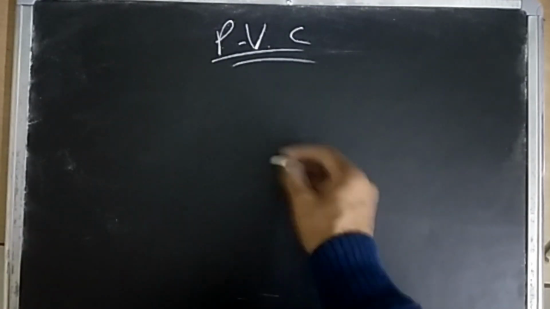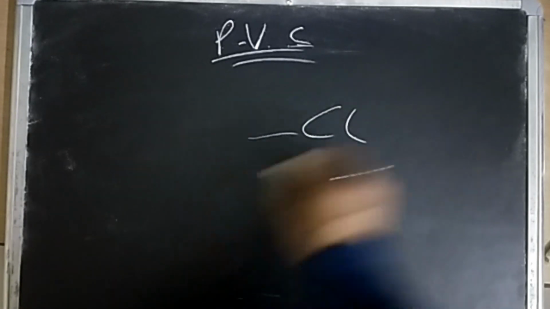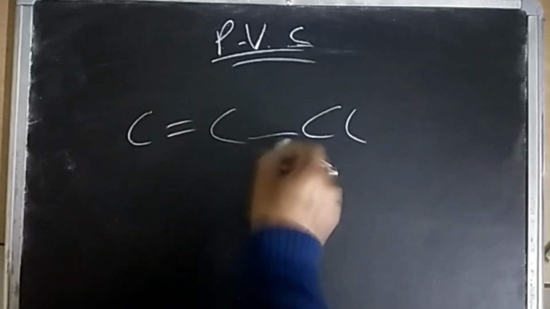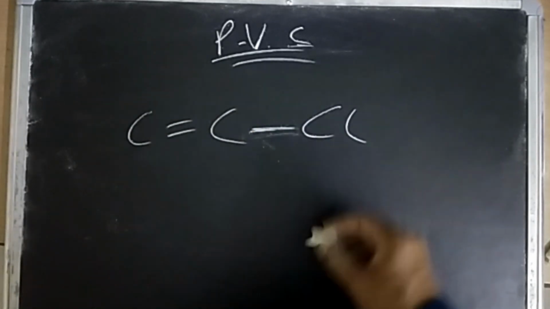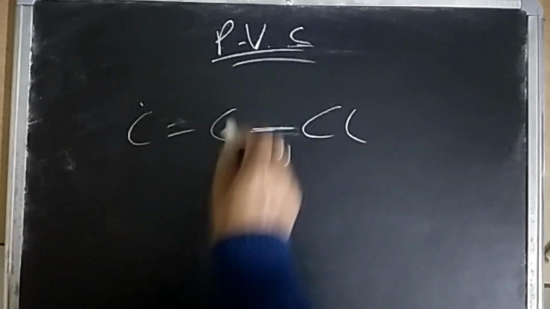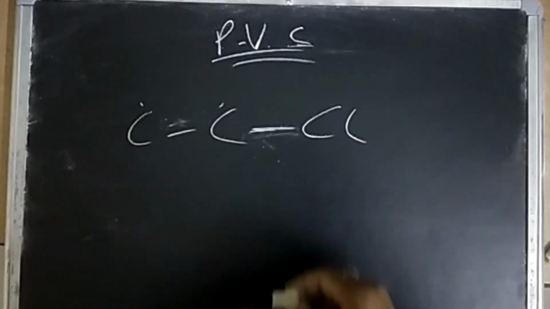Okay, so let's move on to the next, that is PVC, very important. Polyvinyl chloride, vinyl chloride, obviously Cl is there. Also we have the free radical, so for that we have this vinyl chloride, and the free radical will be there. Okay, so that way it will proceed.